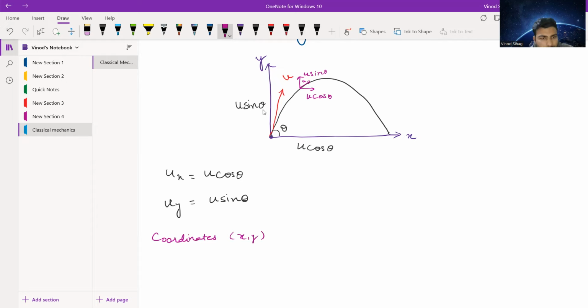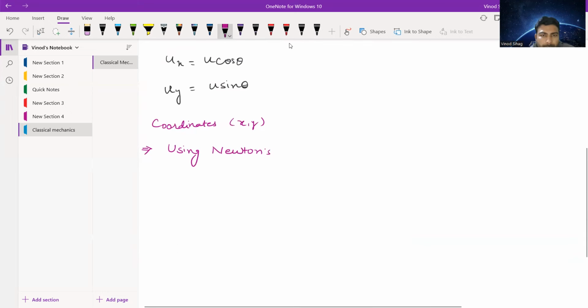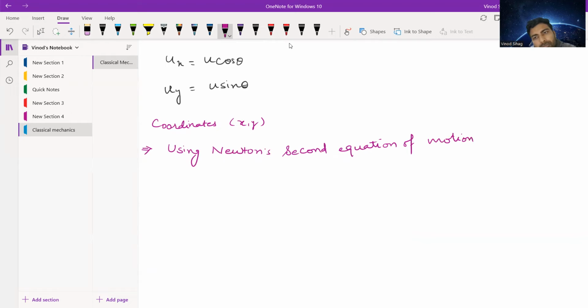Okay, so now using Newton's second equation of motion. What is Newton's second equation of motion? That is s equals u times t plus half a t square.